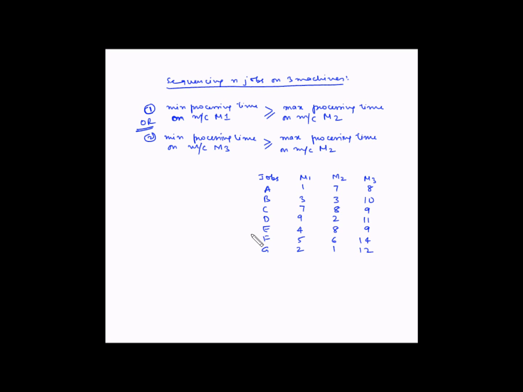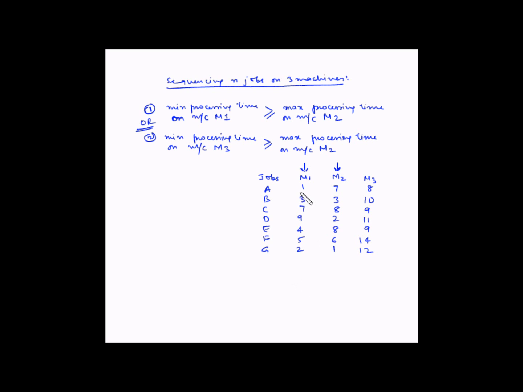So let us evaluate if Johnson's rule can be applied to solve this case. The first rule says that the minimum processing time on machine M1 should be greater than or equal to the maximum processing time on machine M2.